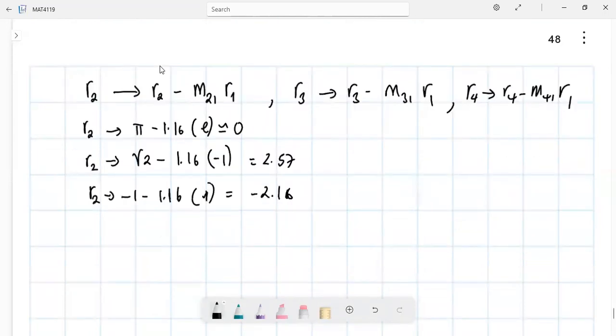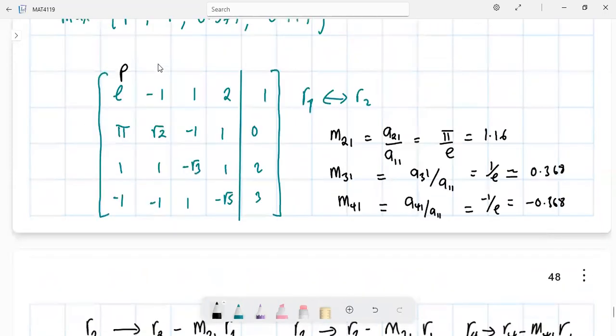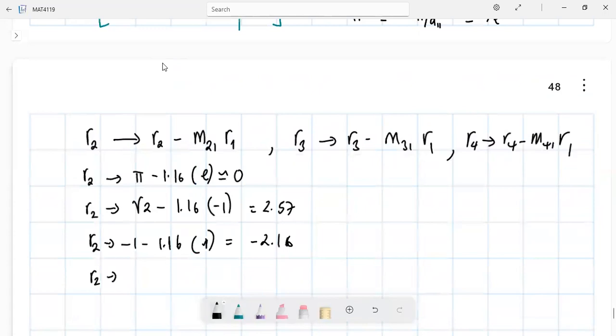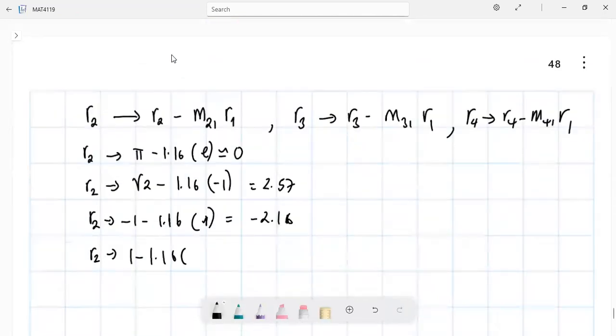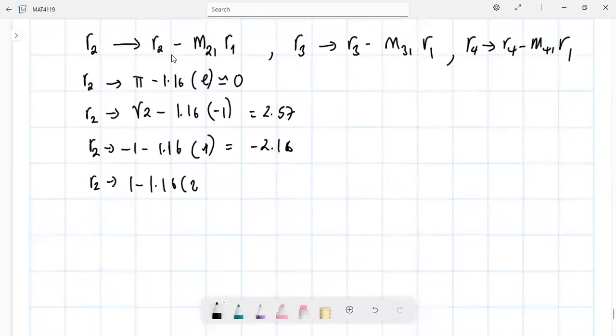And then we continue. Row 2 becomes the next element, which is a positive 1. So 1 minus 1.16 times the other element in row 1, which is 2. And if you punch that in correctly, you get about negative 1.32.